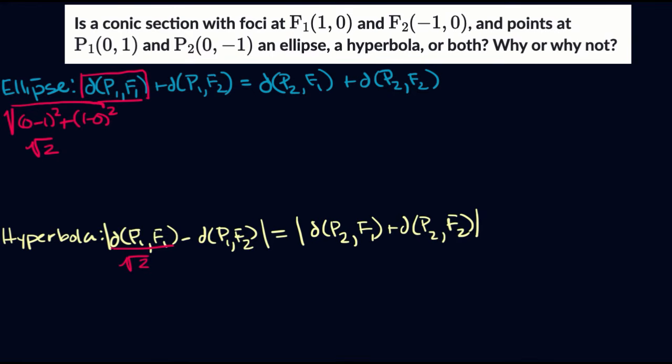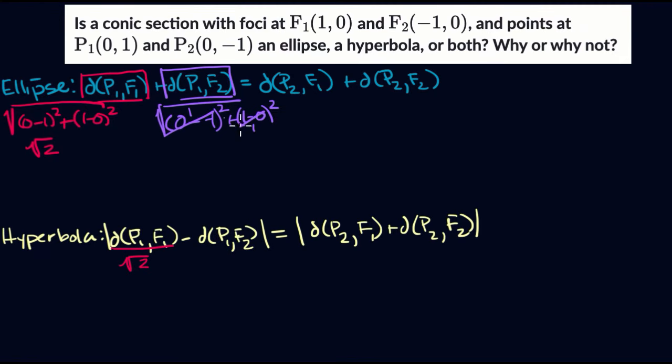And now this one over here, distance from P1 to F2. Well, same idea. So we have 0 minus negative 1 squared, and then we have plus 1 minus 0 squared. Well, this is just going to be 1 squared.